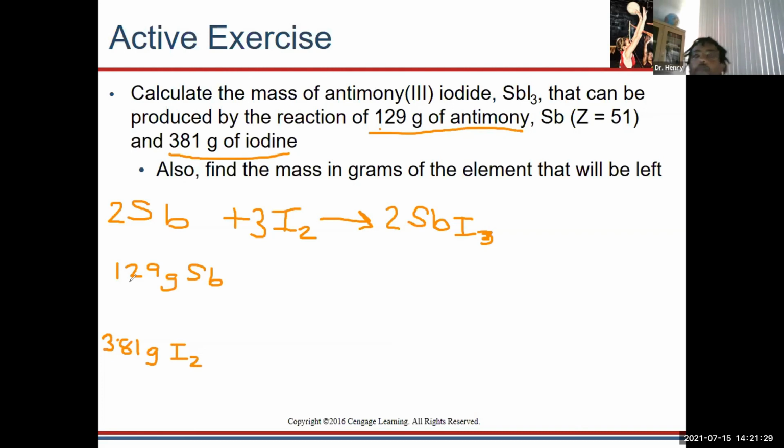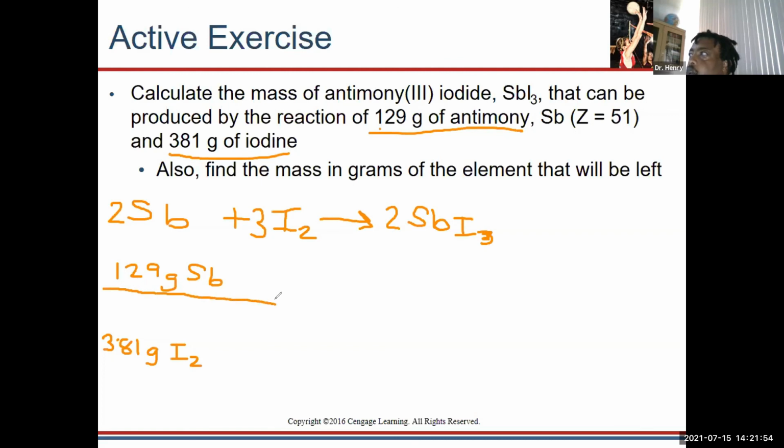Okay, so we need to be able to compare apples to apples, right? What I mean by that is we want to look at how much antimony we actually have and how much we're going to need if we use the iodine. So we want to put it in terms of antimony.